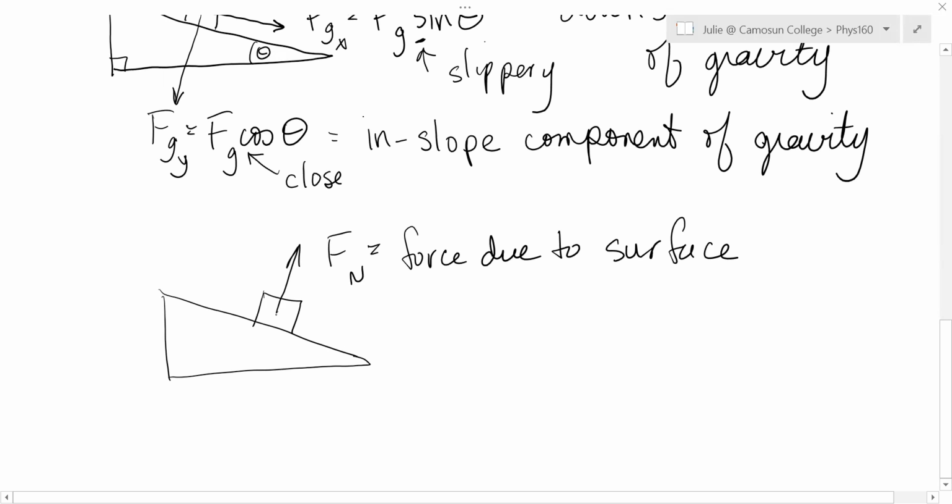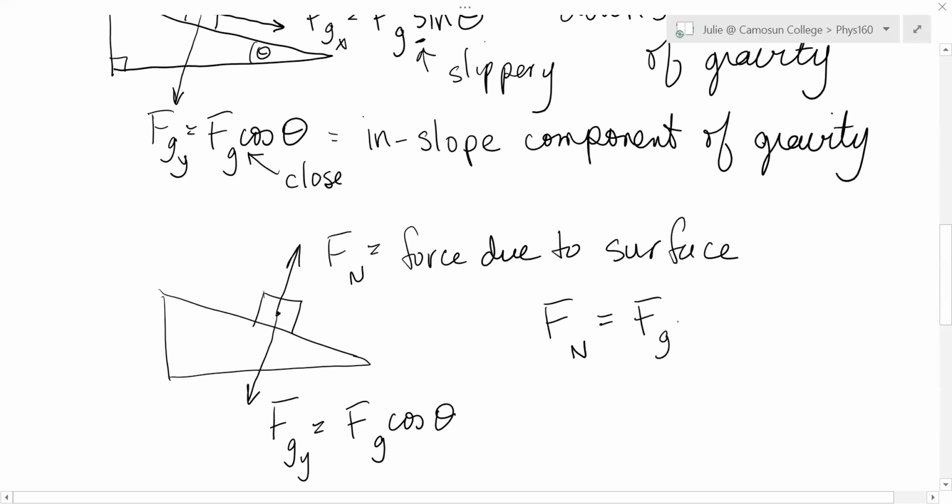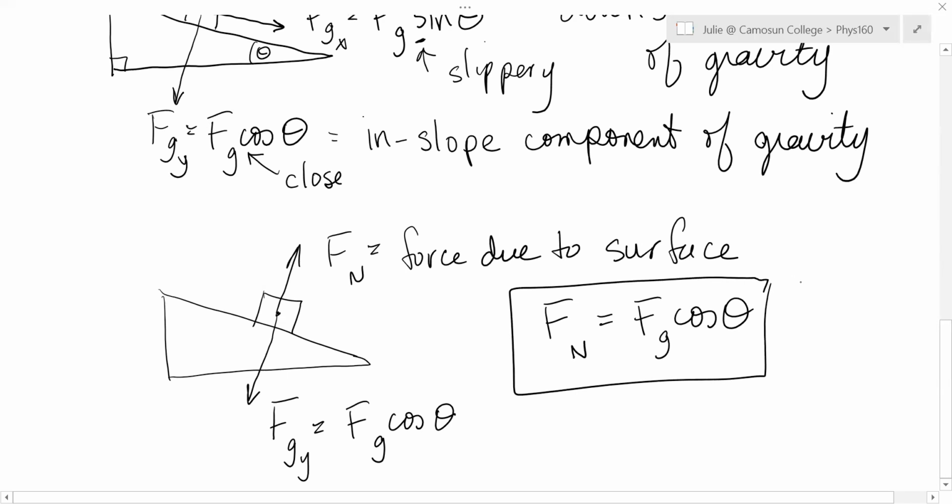Now, it's not going anywhere. It's not going into the surface or out of the surface. So this is exactly balanced by FGY, so this is equal to FG cos theta. And so it will always be true for you in this course that the normal force is FG cos theta for a box on an incline.